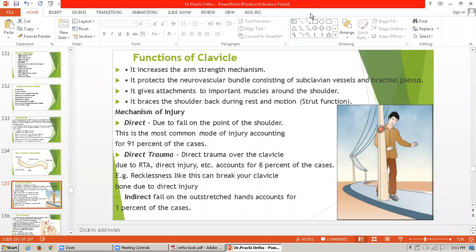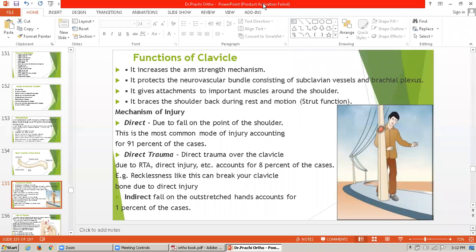Mechanism of injury: there is direct trauma. In this diagram, we can see direct trauma over the clavicle, that is, due to a fall on the point of the shoulder. This is the common mode of injury, accounting for 91% of the cases. Direct trauma over the clavicle due to RTA, direct injury, accounts for 8% of cases.